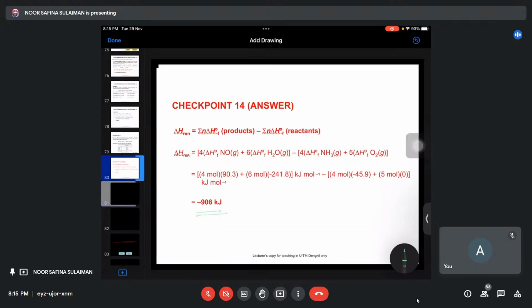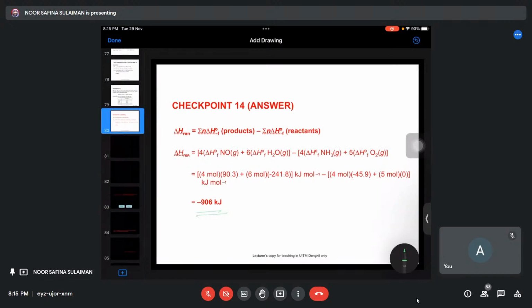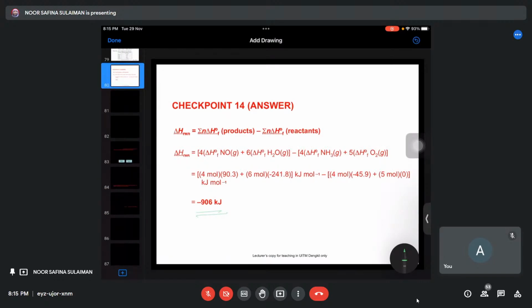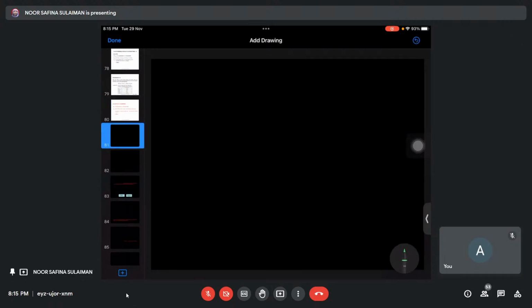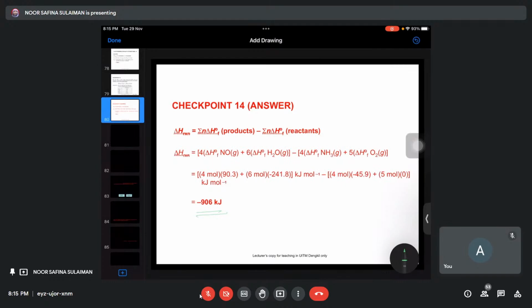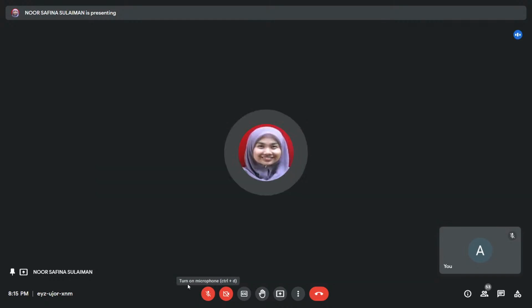Okey, ada soalan tak nak tanya? Kenapa yang tambah ni? Ada soalan nak tanya? No, madam. Okey, sekejap.